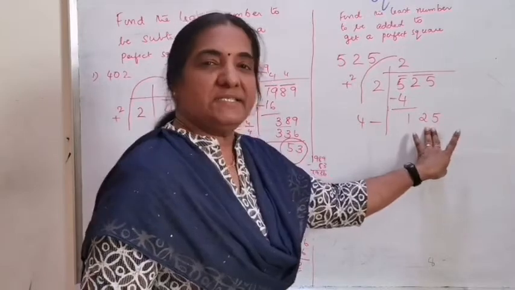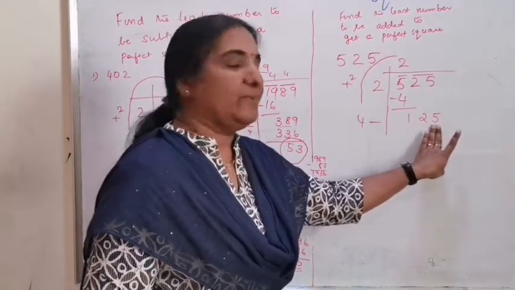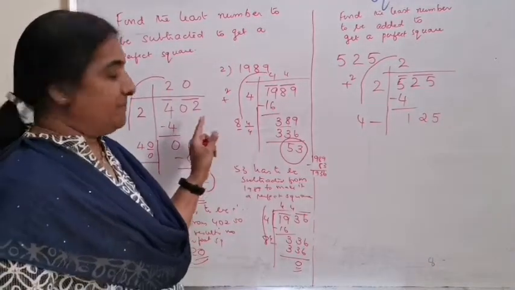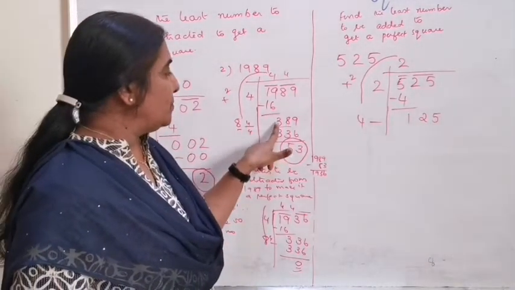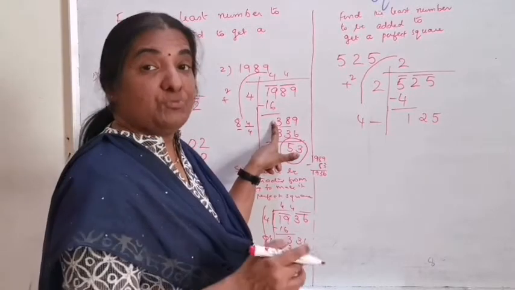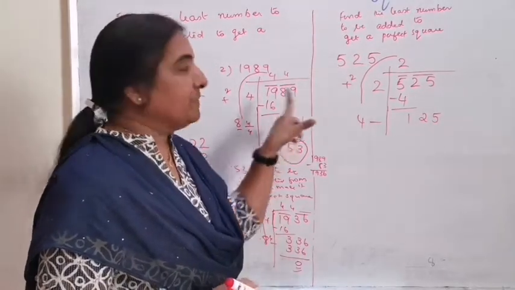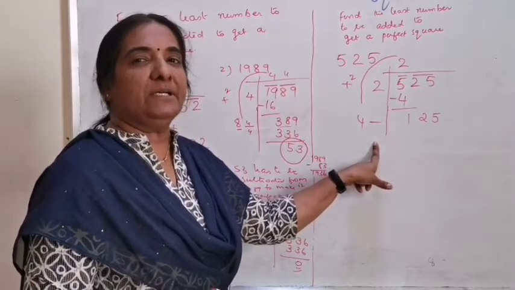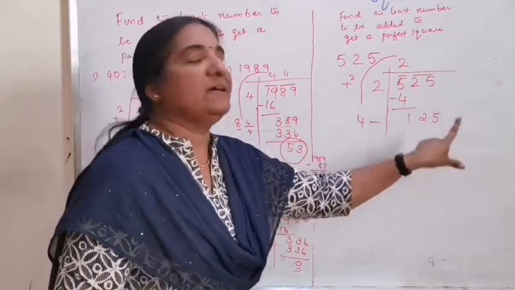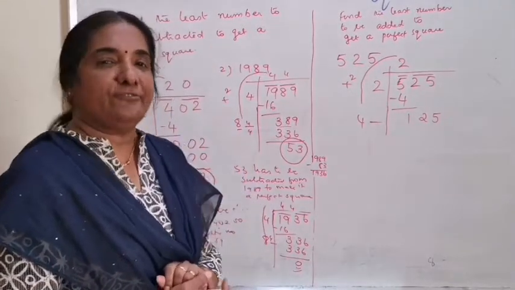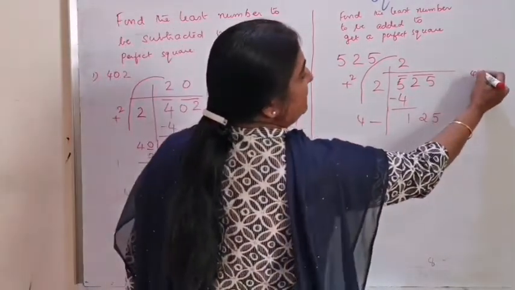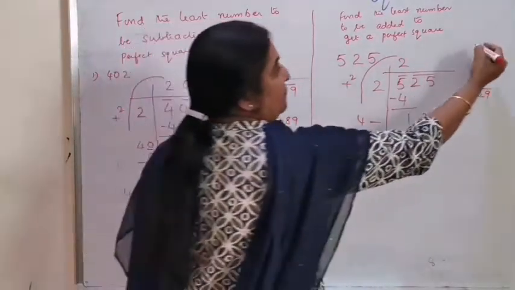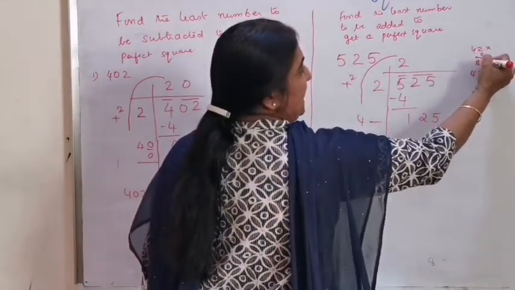When the last two digits are here and the number is 125, for the number to be subtracted, we found a number close to 389 but smaller than 389. That is the difference here. We should get a number which is just bigger than 125. So, 43 into 3 is 129. 42 into 2 is 84.